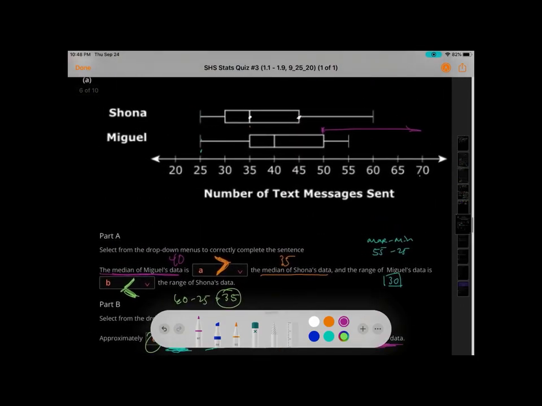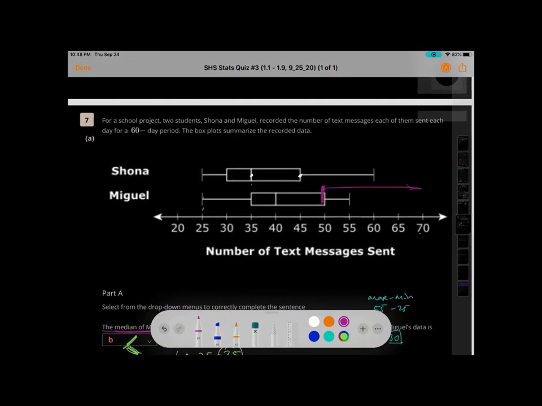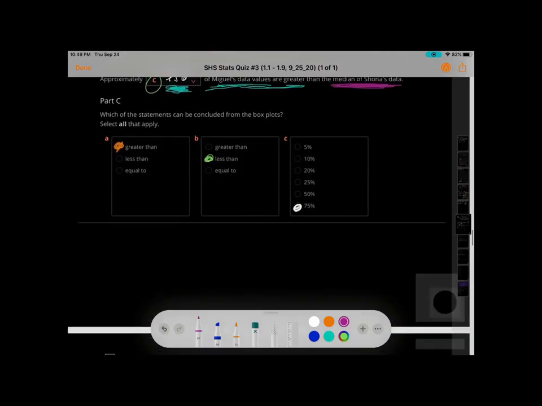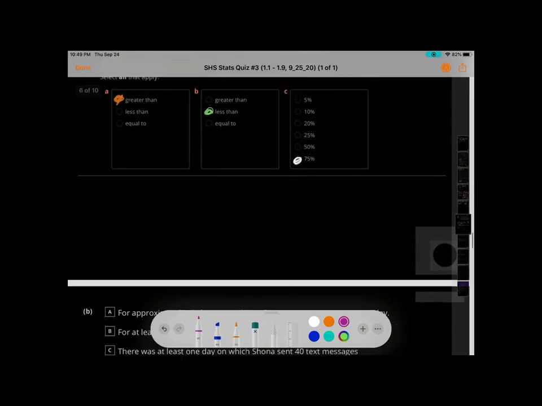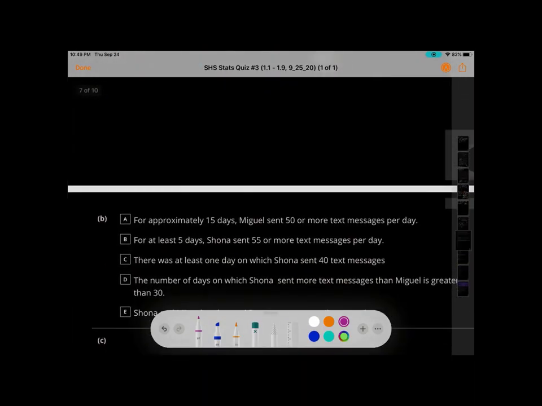Okay, from here to there represents 25% of the days. If you multiply 60 days times 25%, that's 1/4, right? So 1/4 of 60 is going to equal 15. So I think we're marking true responses. This would be correct, true.